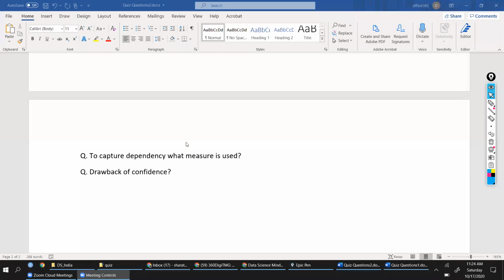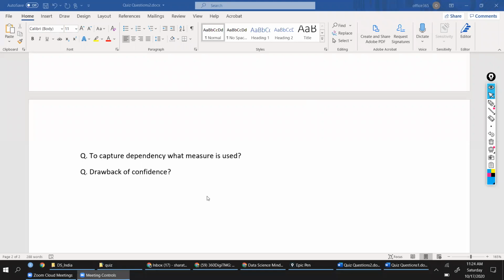Right? In support, we are only looking at the count, the frequency. But individual, independent products will not be able to interpret the relationship.